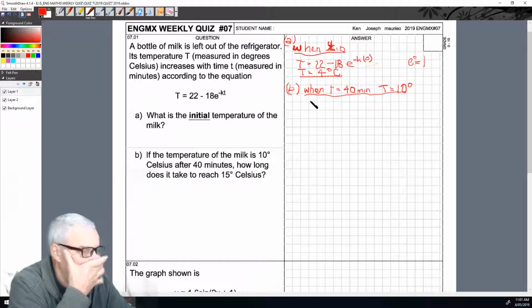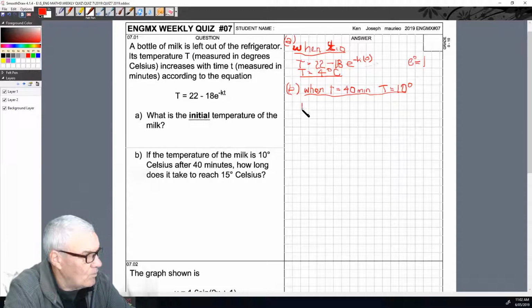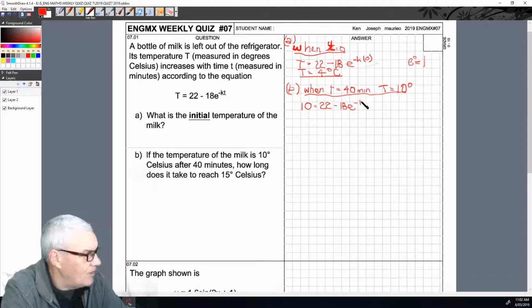So using the formula, T is 10. So therefore we've got 10 equals 22 minus 18e to the negative k, which we don't know, and little t, which is 40.